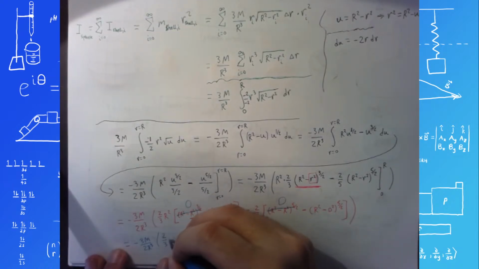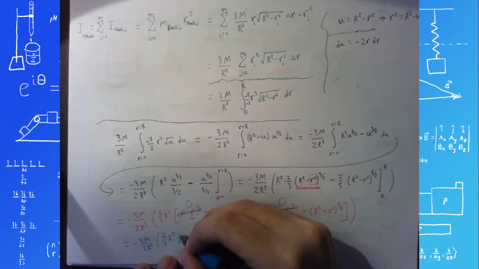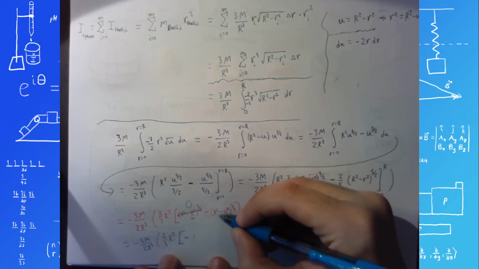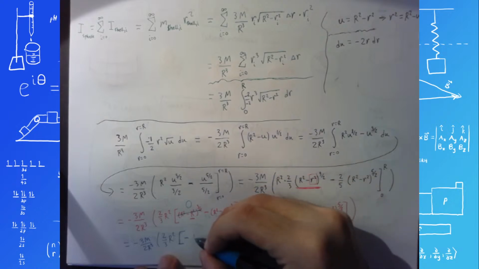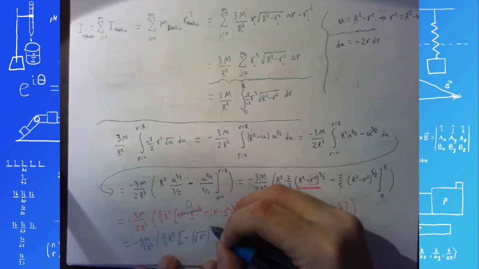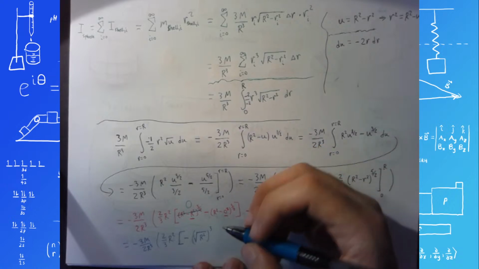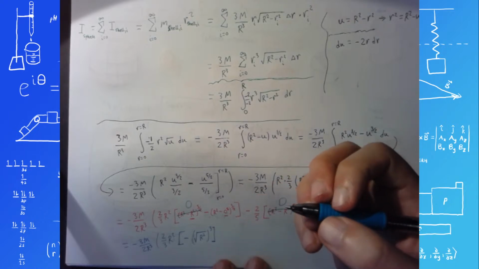We've got 2/3 big R squared times, in this first set of brackets, we've got negative just big R squared to the 3/2. That's the square root of R squared cubed if you rewrite it. That's what raising something to the 3/2 means. It's taking its square root and then cubing it, or cubing it and then taking its square root, either way.